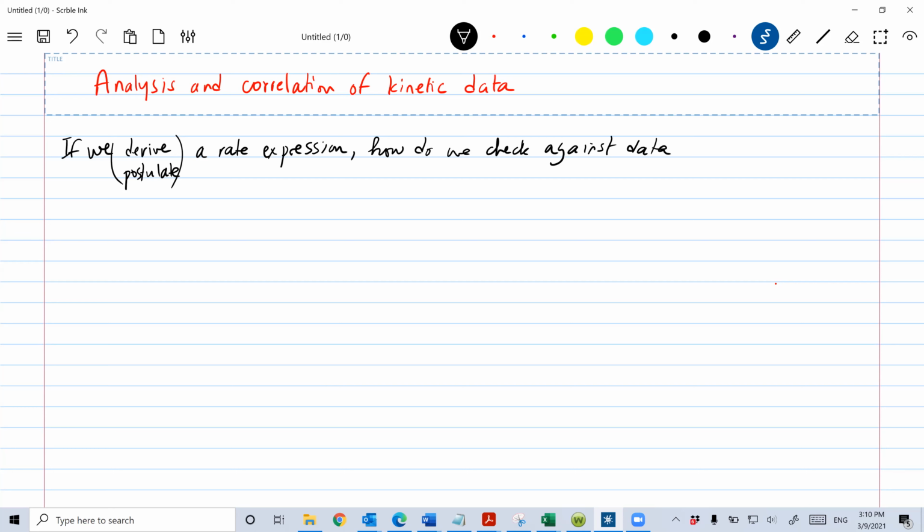And the other similar question is, what kind of experiment do we set up to even get the data?